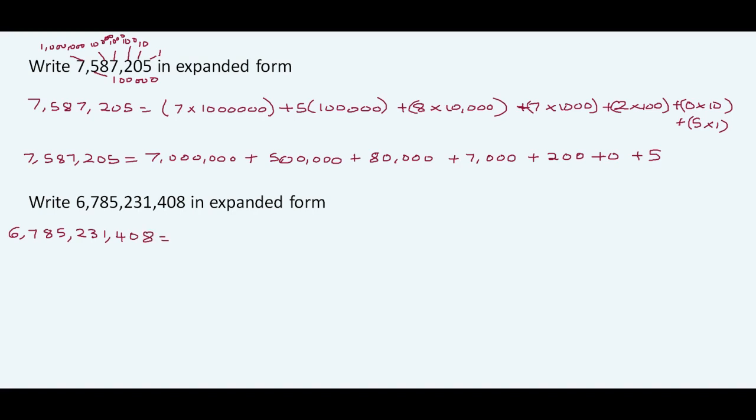This is equal to 6 multiplied by, let's see how many zeros. We have 9 zeros. Plus 7 multiplied by 8 zeros.